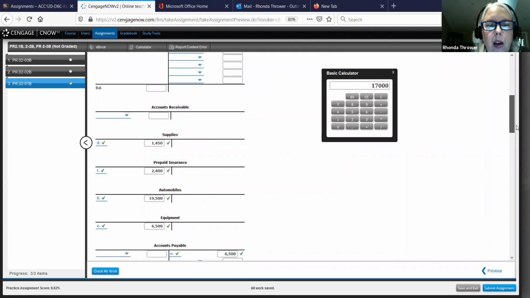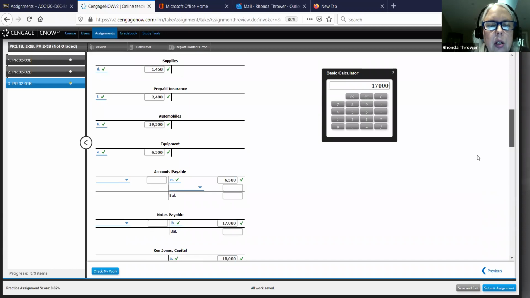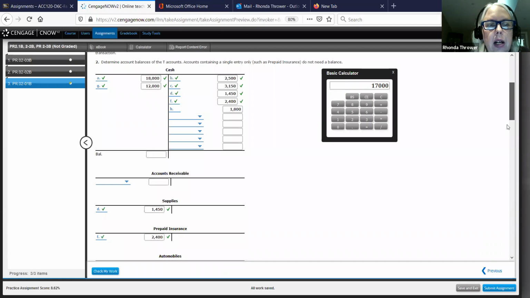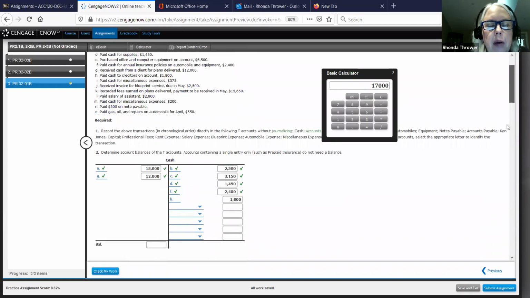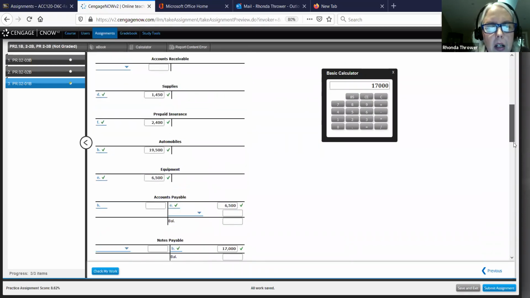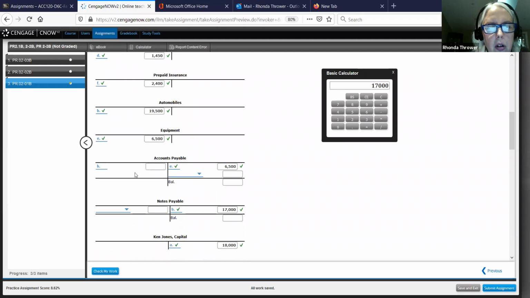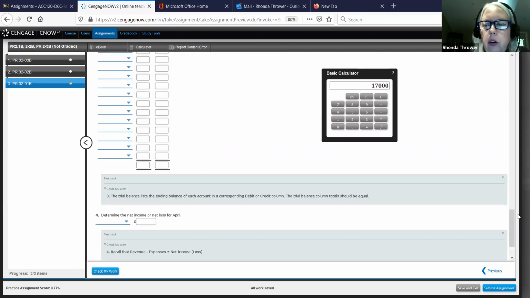But my accounts payable will be decreasing on the debit side, and the accounts payable will decrease by $1,800. To decrease accounts payable, we have to debit it. Check your work.